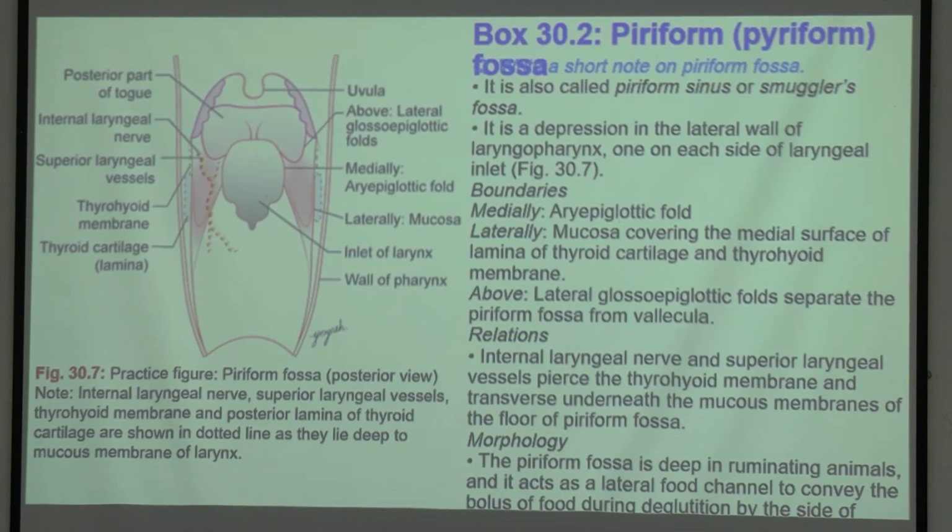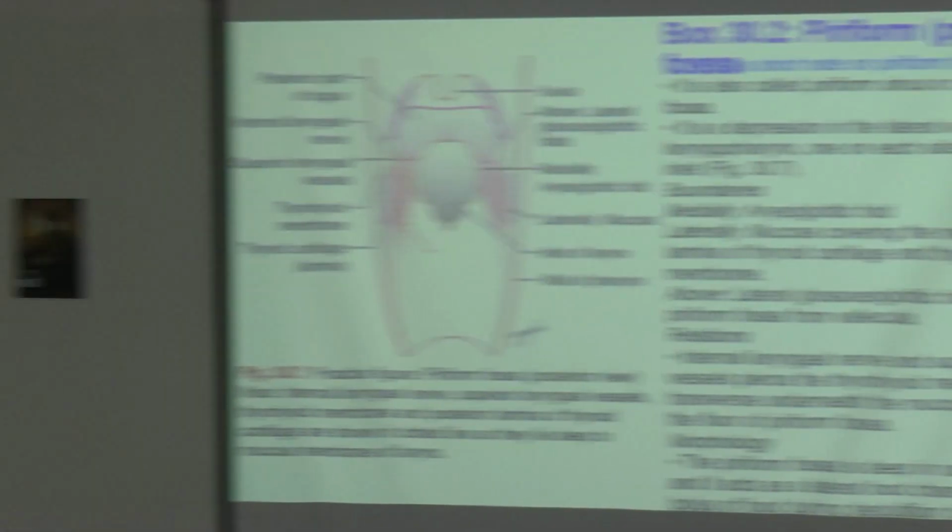a fish bone gets lodged here, and also smugglers can conceal some jewelry in this pouch. They can increase the depth of this pouch.